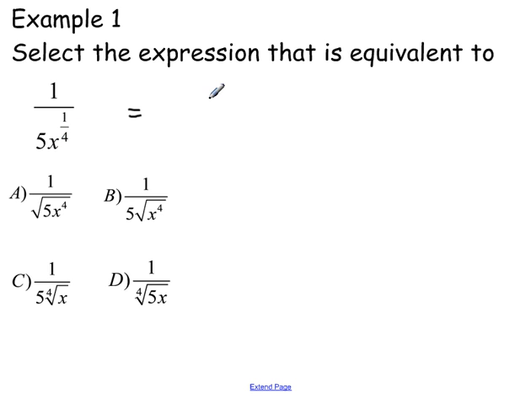So we can rewrite this as 5 times... we're going to leave the 5 alone because that 1 over 4 does not apply to the 5. So we're just going to rewrite x to the 1/4. How could we rewrite x to the 1/4? Well, we can rewrite that as the 4th root of x. So our final answer is choice C.